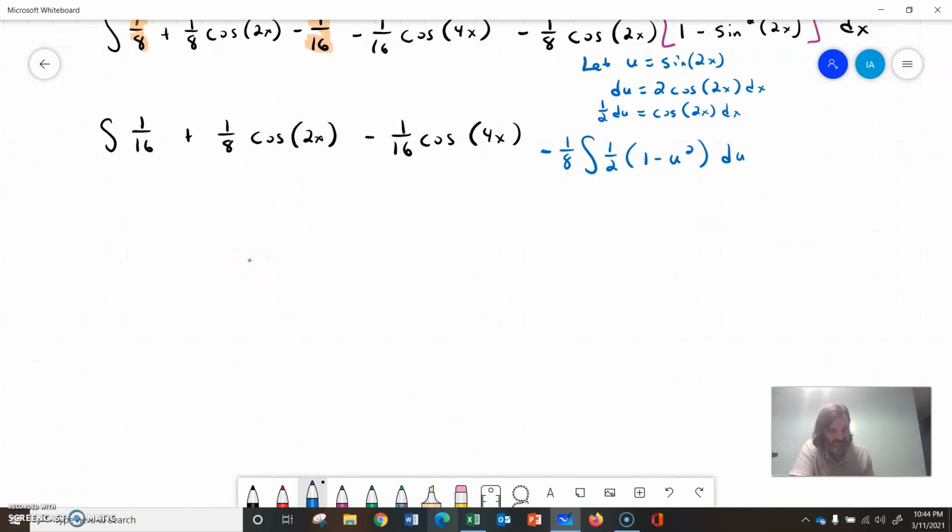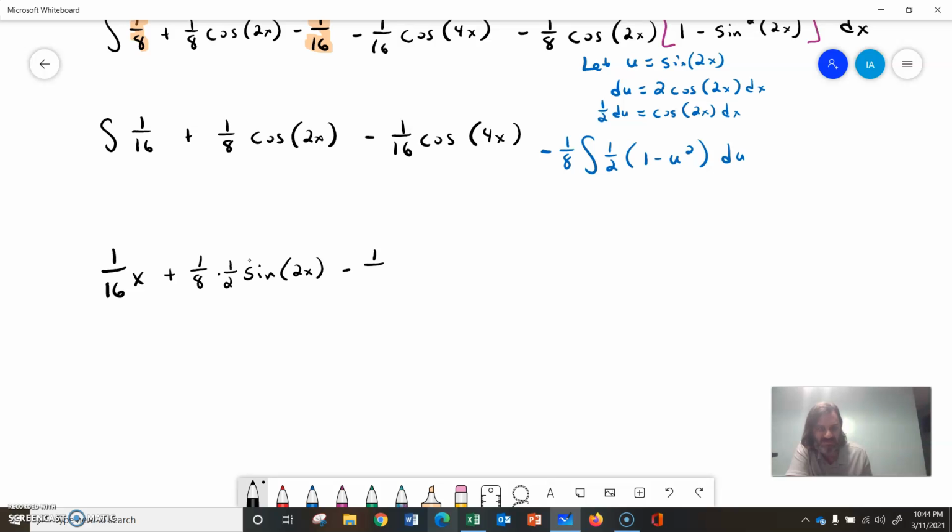Now, let's actually do some integrating. 1/16 becomes 1/16 x, plus 1/8 cosine of 2x. The 1/8 is there. This is a u substitution. I'm not going to write it out, but sine of 2x, cosine goes to sine. This gives me 2x, but there'll be a times of 1/2 out front.